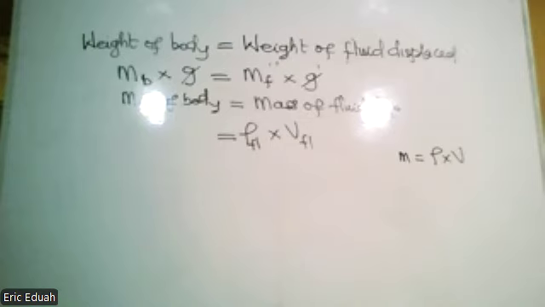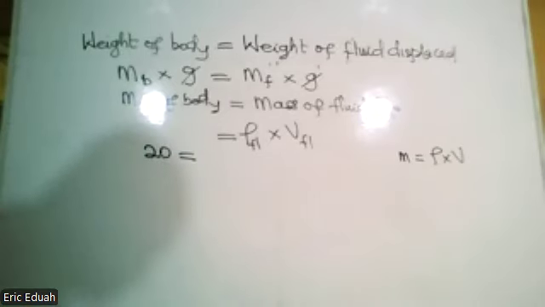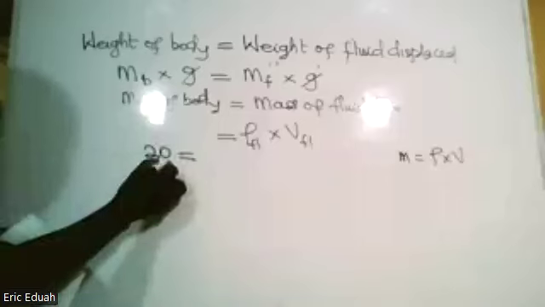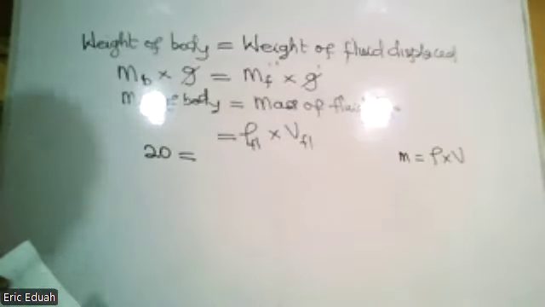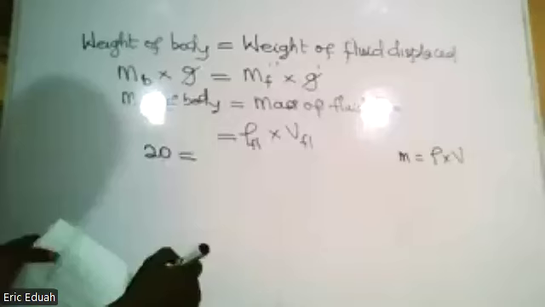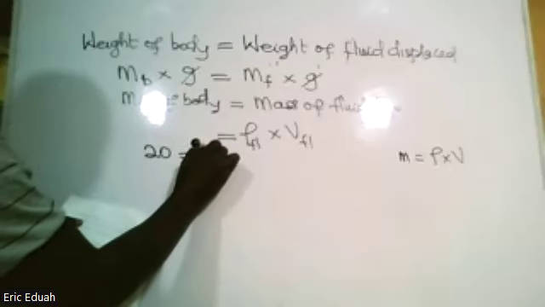The question gave us, what are we to determine? Okay. So if the mass of the hydrometer is 20, so mass of the body, which is the hydrometer, is 20, equal to density of the fluid, 1,200. Since I'm not changing this to kilogram, I must also express the density in gram per cubic centimeter, and that would be 1.2.